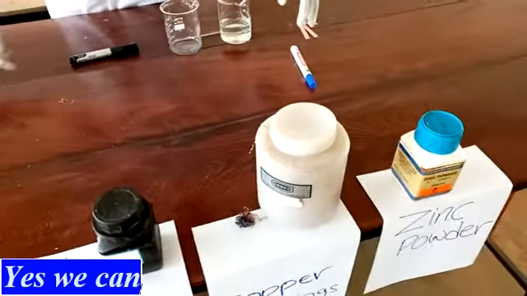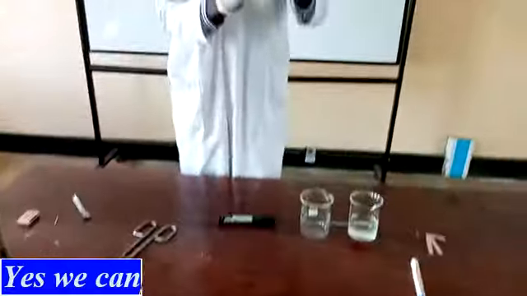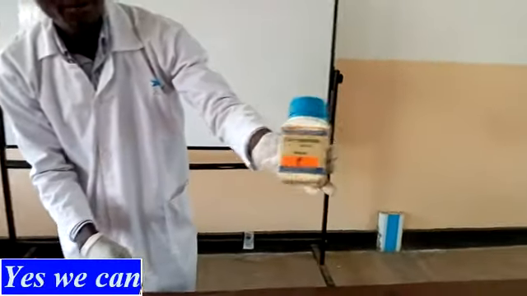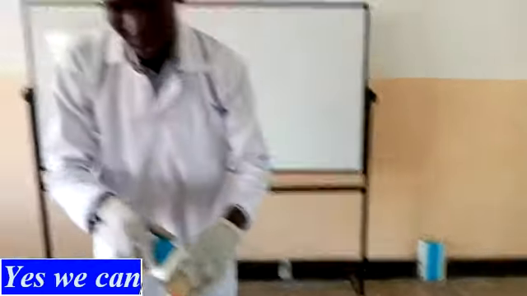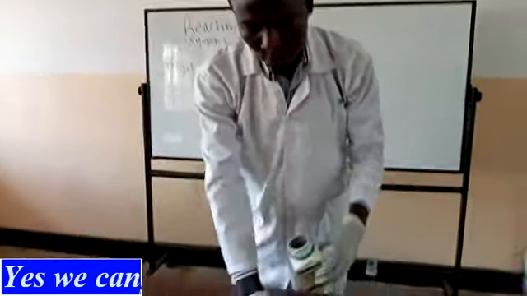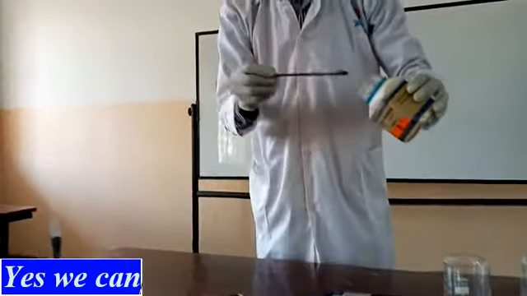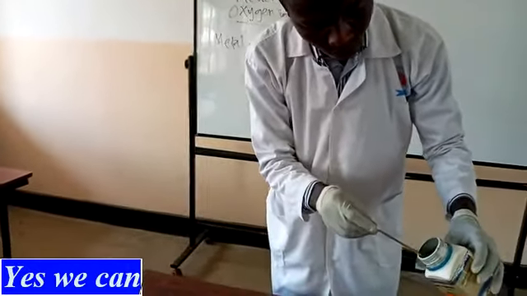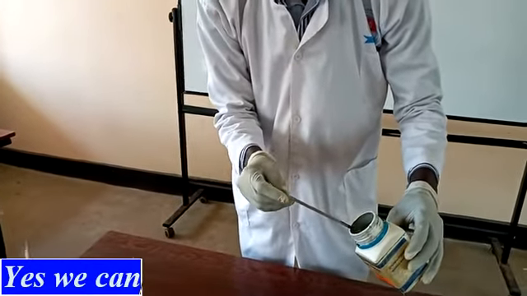And lastly, we have zinc. Here we have what we call zinc powder. So that means we cannot use a pair of tongs. So we are going to use a spatula and scoop some zinc powder out there.